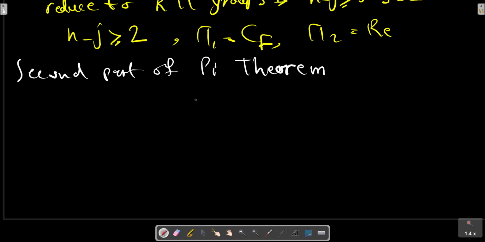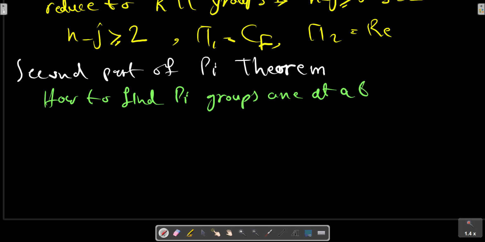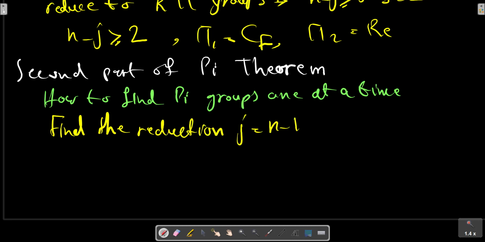First, find the reduction j, where j equals n minus k, parameters minus the dimensions.